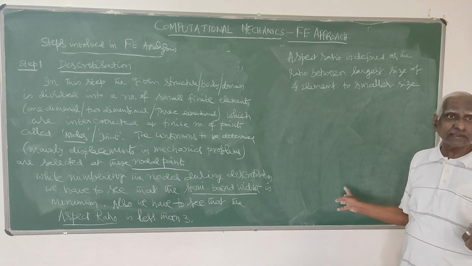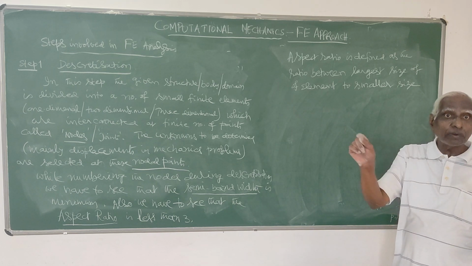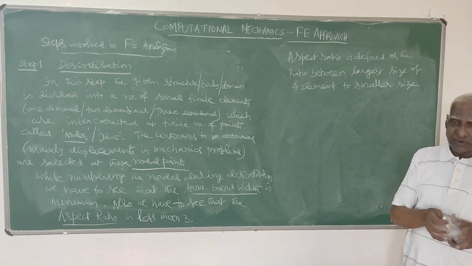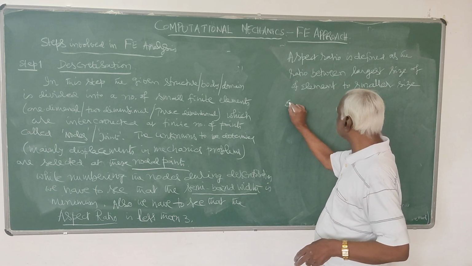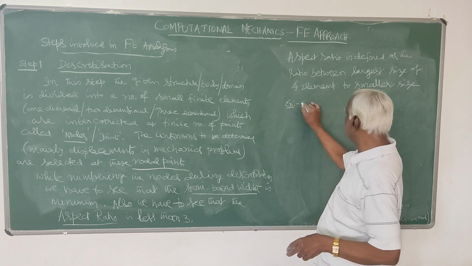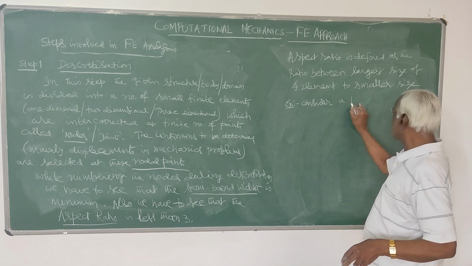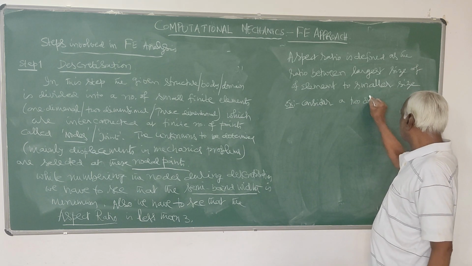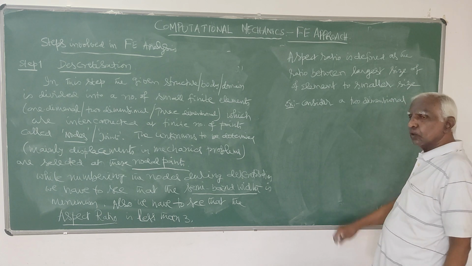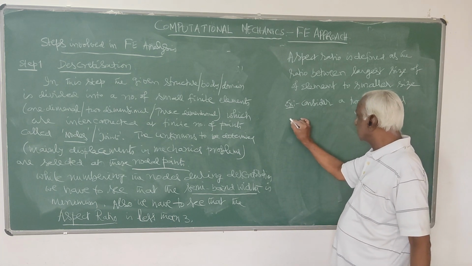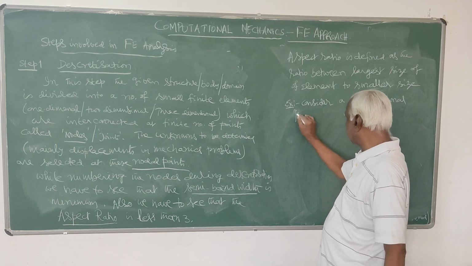You have to calculate the semi-bandwidth well before, that is, by numbering the nodes themselves. So that aspect I will explain. For example, consider a two-dimensional slab or plate, a thin plate.